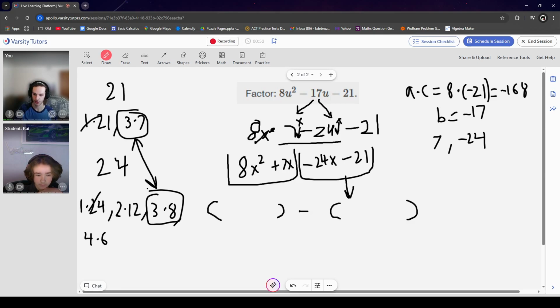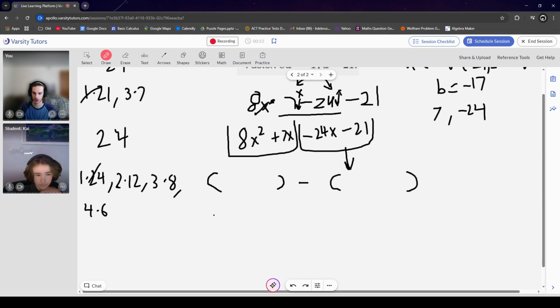So basically why we did this is we were saying, all right, we see, so I'm going to write this below for now. So we're saying negative 21 minus negative 24. I'm not going to write the x for now.